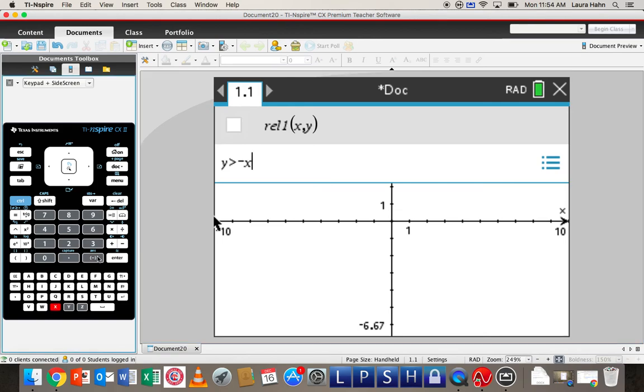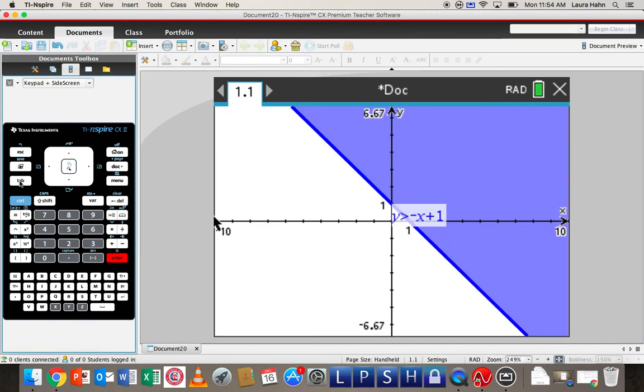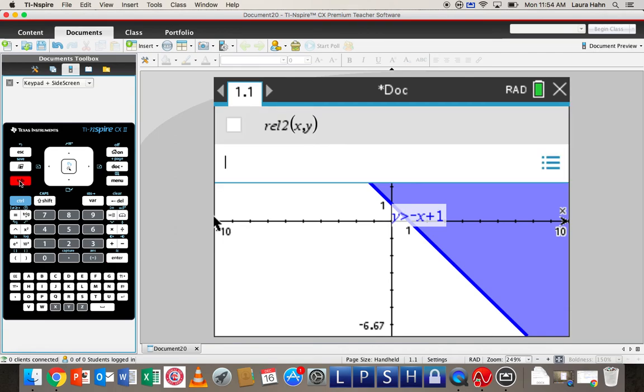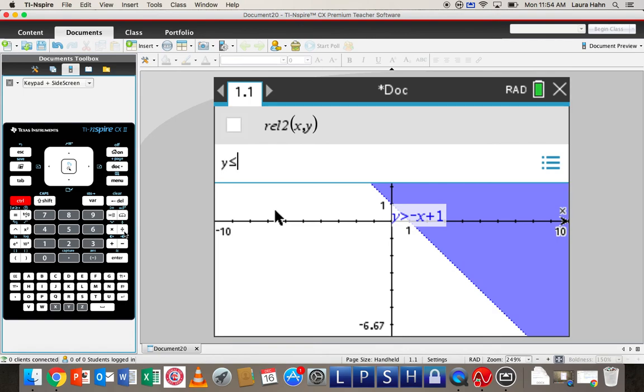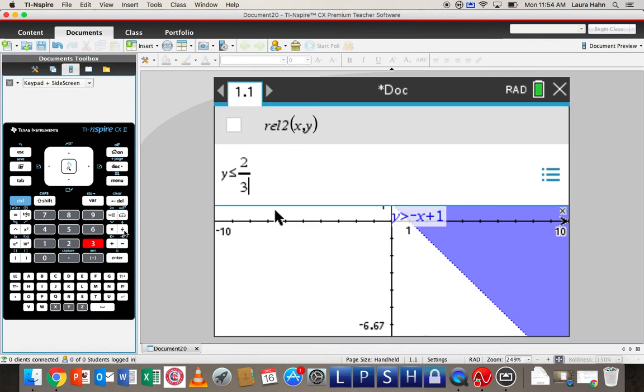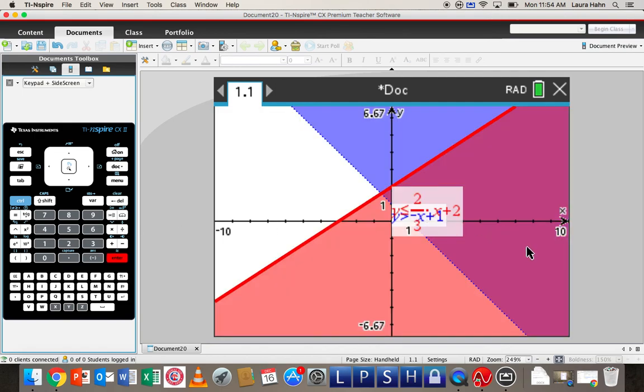Negative x plus 1. Now I'm going to click tab so I can type in my second one. Y, Control equals, this is the bottom middle. 2/3 x plus 2.